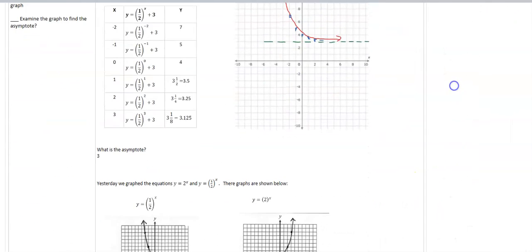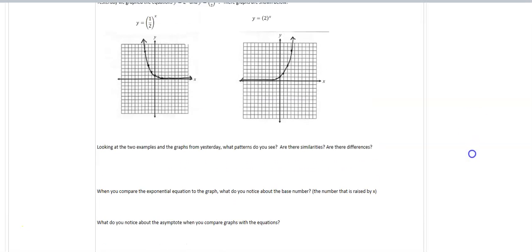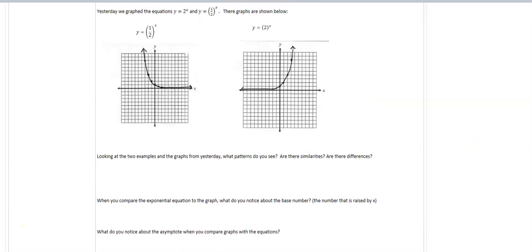So if we look, we can see that when it was a whole number, so we had 2's as our base number, we went up from left to right, but when it was a fraction, or less than 1, it was going downwards from left to right.